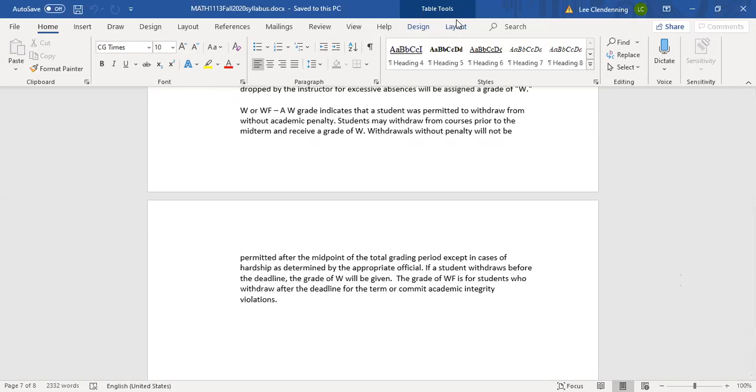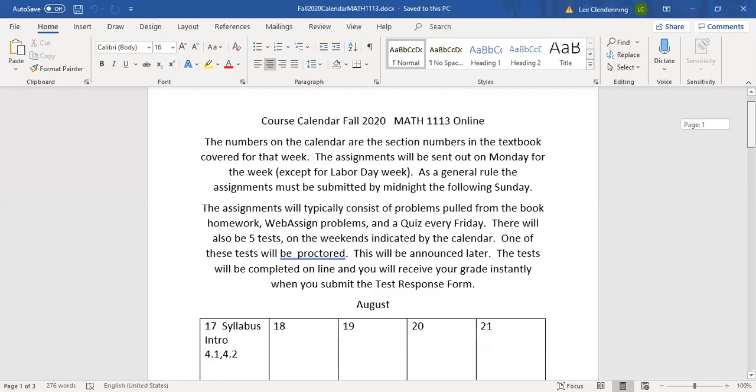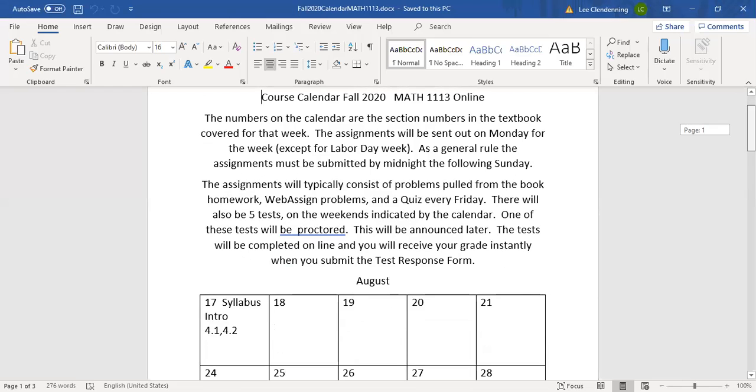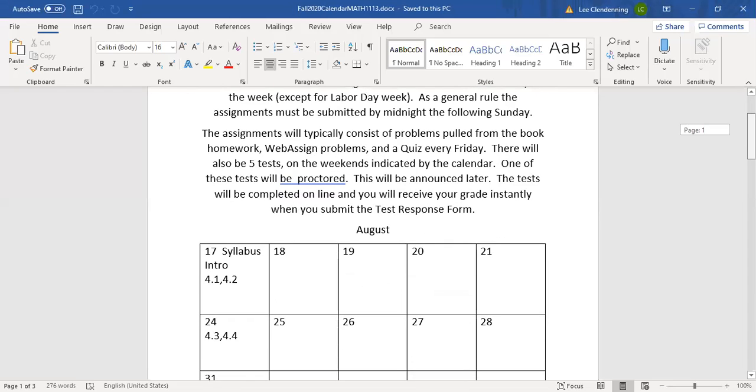Okay, we'll jump onto the calendar. And I have listed on the calendar the generally two sections we cover every week. We will send out the assignments on Monday, except of course for Labor Day week. We will pull assignments from the book, WebAssign problems.